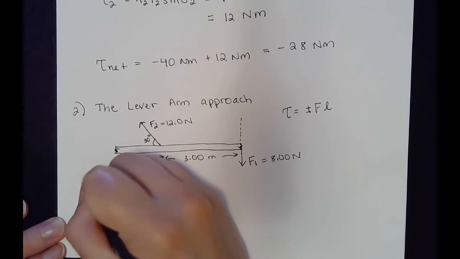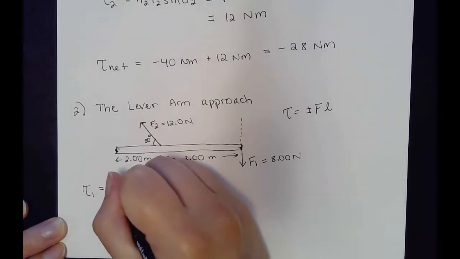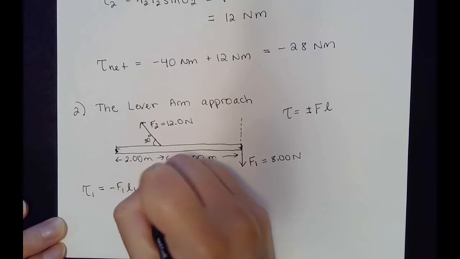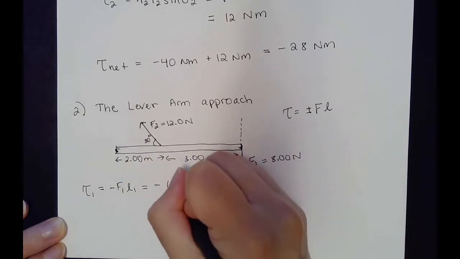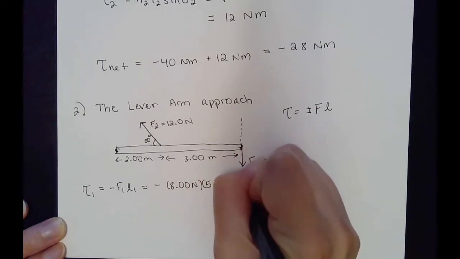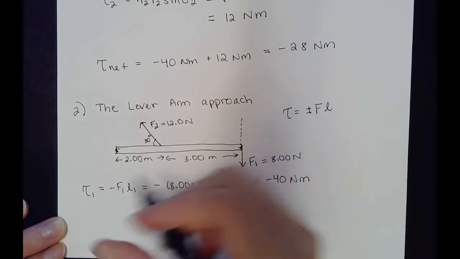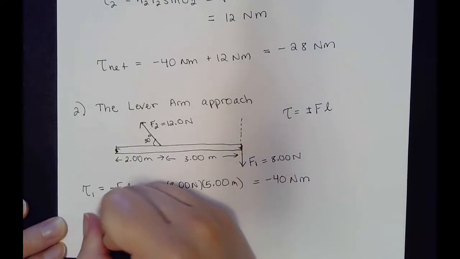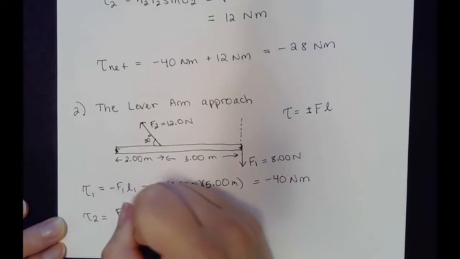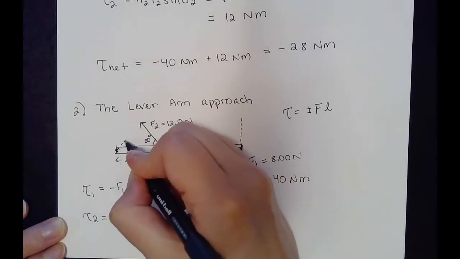I'll write it again. And it's still clockwise, so we'll have negative F1 L1, which will be negative 8 newtons times 5 meters, so negative 40 Newton meters. Now when I go to draw torque 2, positive F2 L2, I'm going to draw the lever arm.